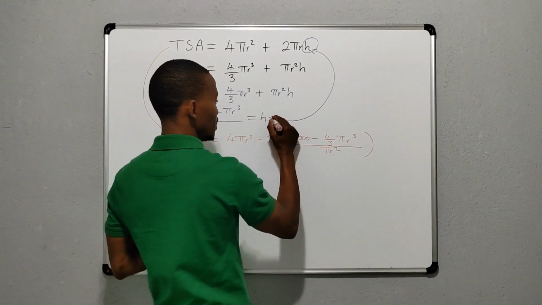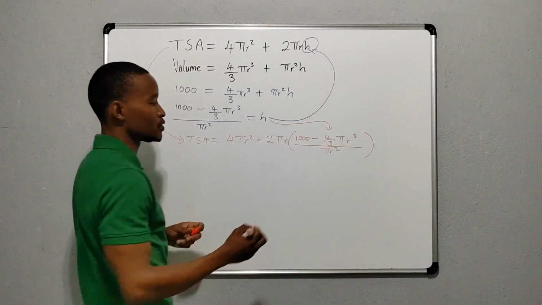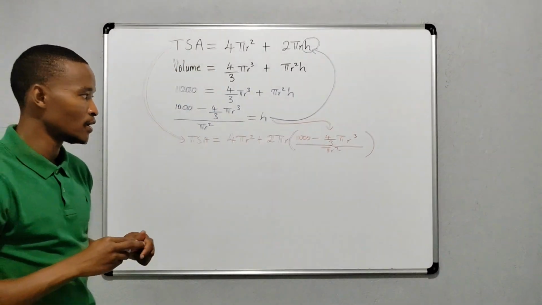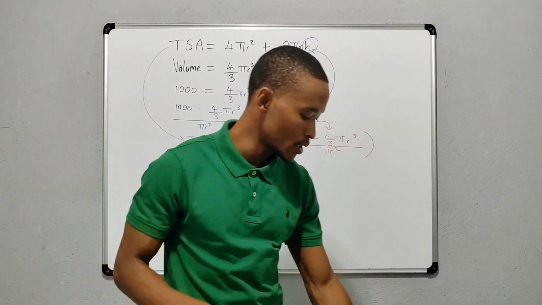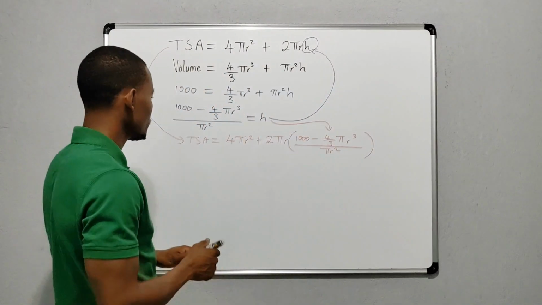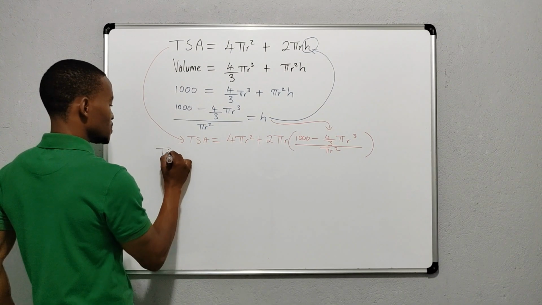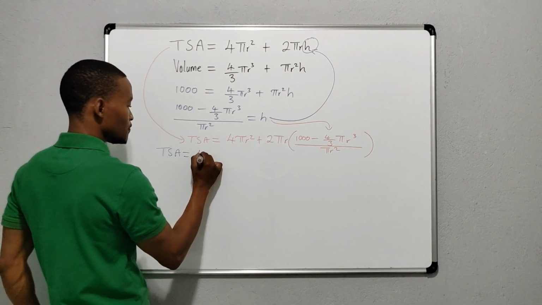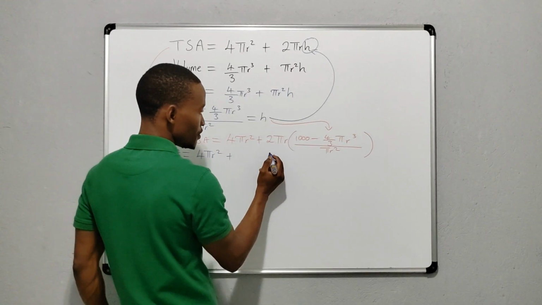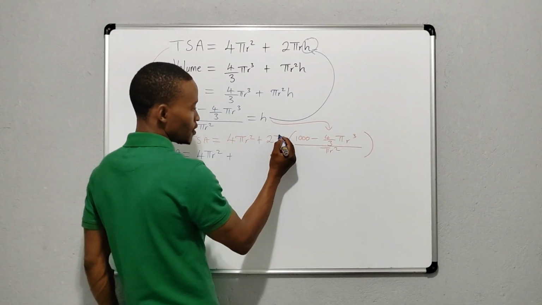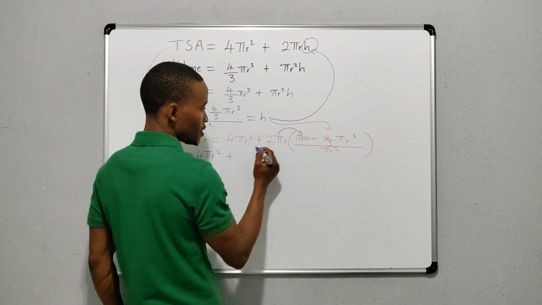That is the h from there coming into there. Obviously we'll need to clean up and ensure that we are working correctly. Total surface area is 4 pi r squared plus, we distribute into the first term here.